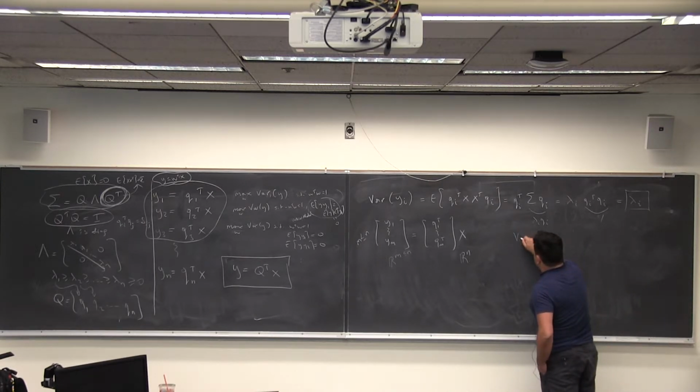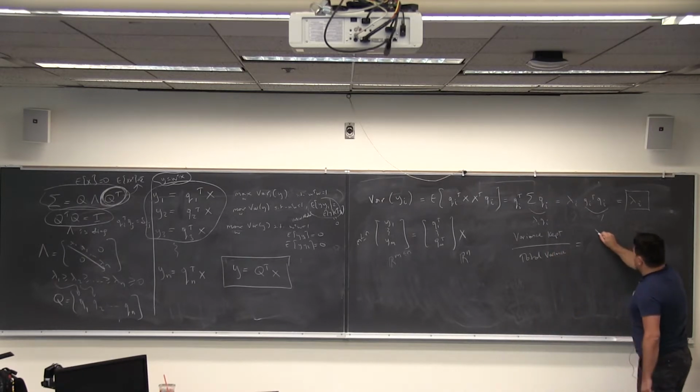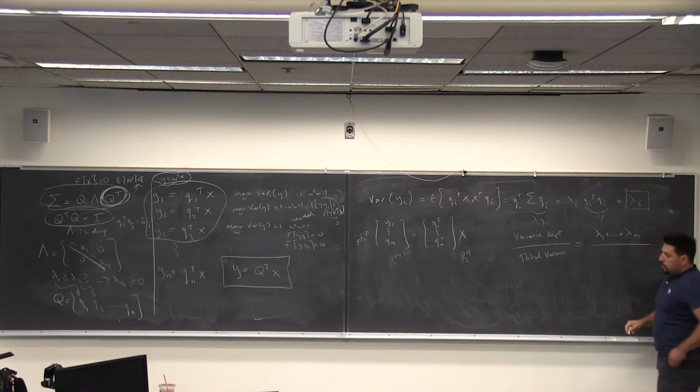So variance kept over total variance in X is the sum of eigenvalues that you keep over the sum of all the eigenvalues in sigma. Right? So this is a quantity that's between 0 and 1.